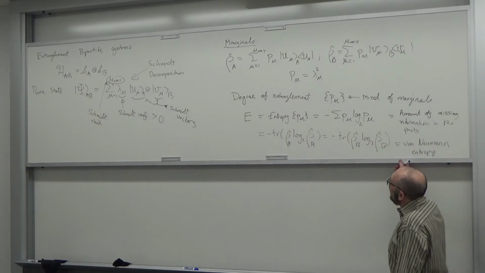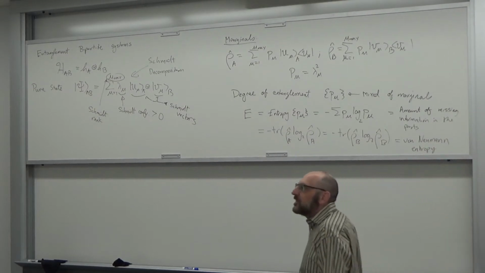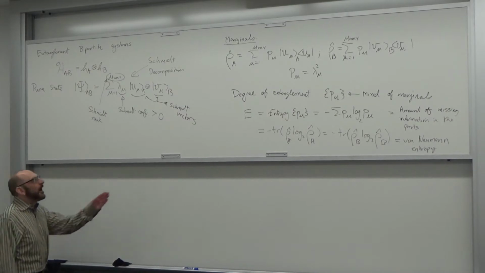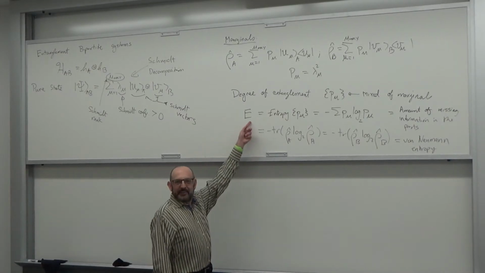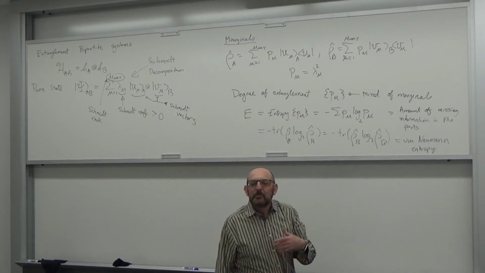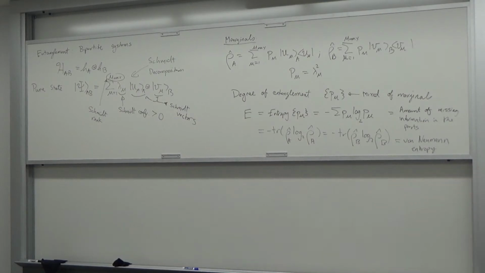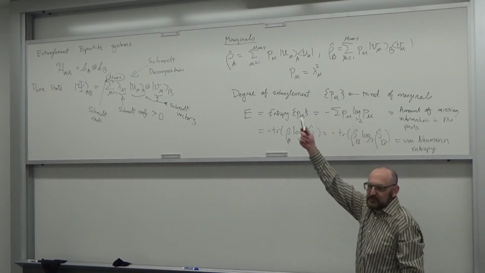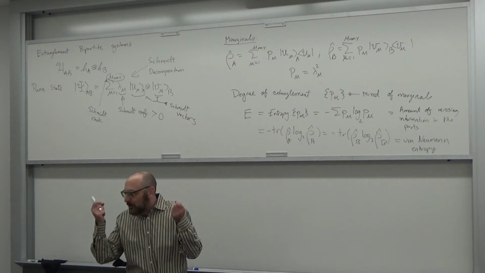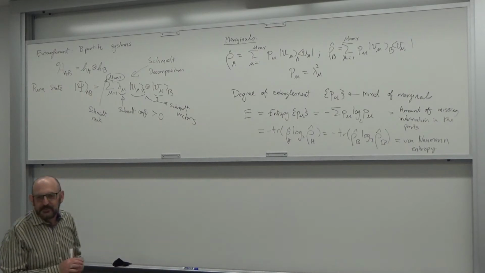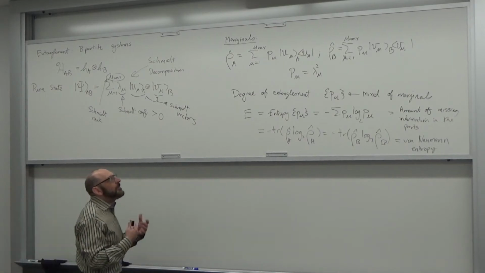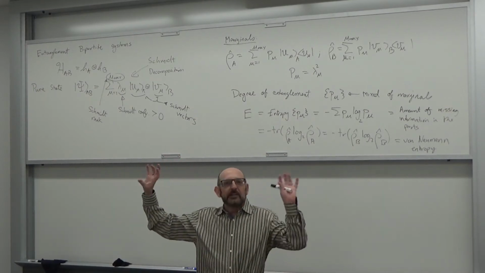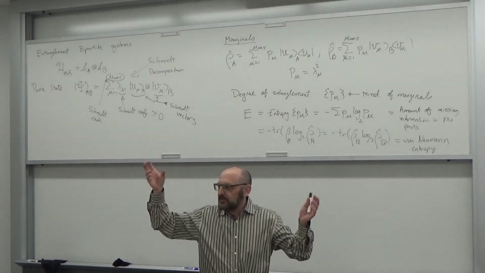So there are lots of degrees of entanglement. Any measure that is monotonic with E is known as an entanglement monotone. So I can look at, for example, as was suggested, just the purity, the trace of rho squared of the marginals. That's an entanglement monotone. Importantly, the amount of entanglement doesn't change if I locally change one of the systems.